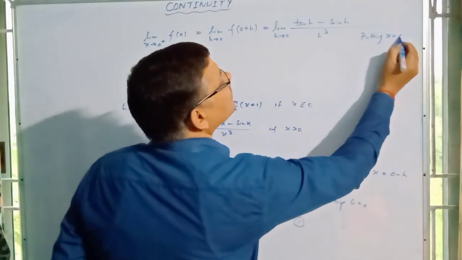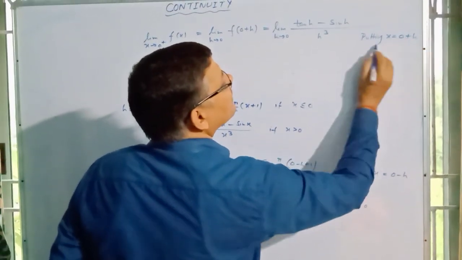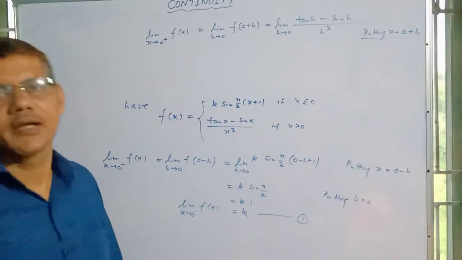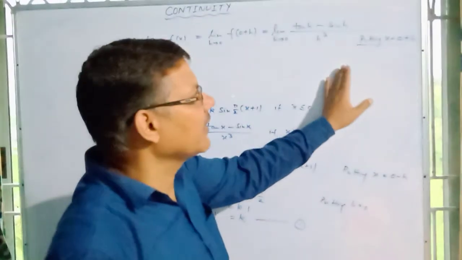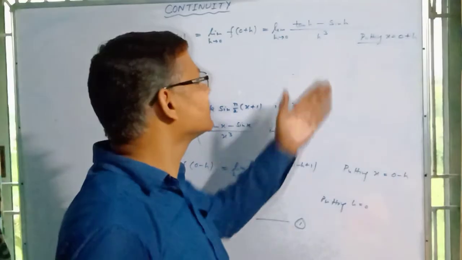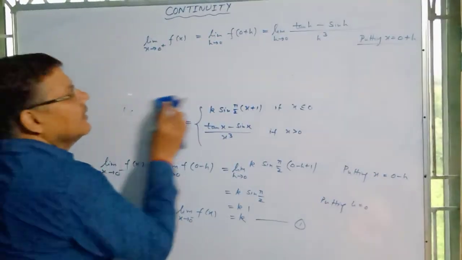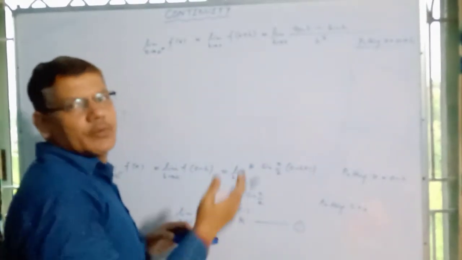It is not required to write here, but to make it clear in video classes we write putting x equal to 0 plus h. Now the function is converted in terms of h, and we are required to solve the limit.